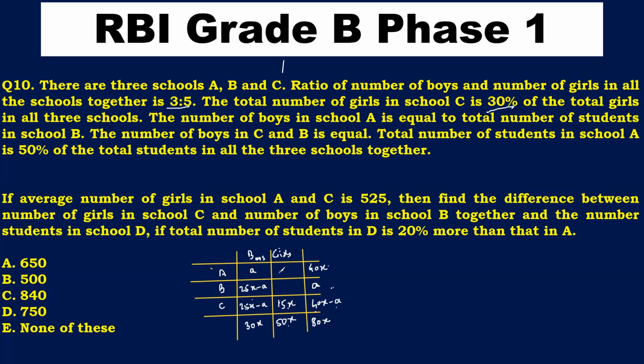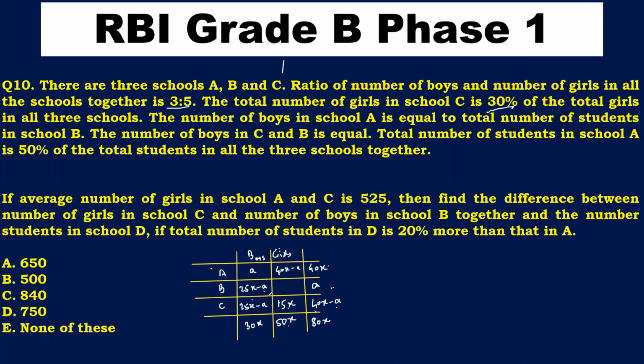Okay, fine. We can solve for this number here. That number should be 40x minus A. And this number should be... let's calculate the value of x first, and then accordingly everything will be calculated.